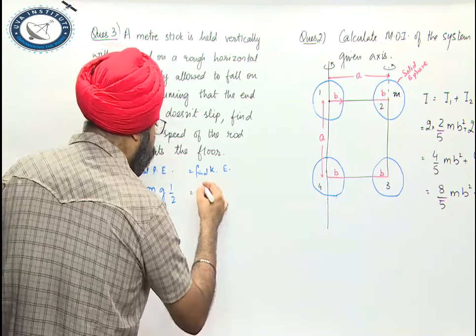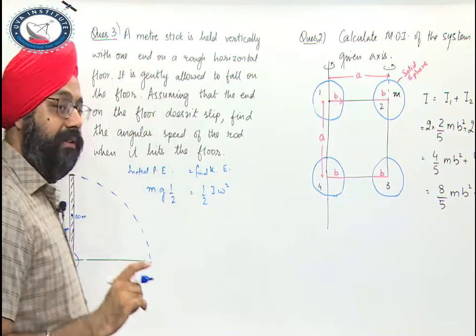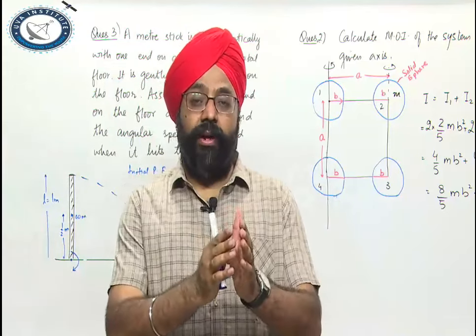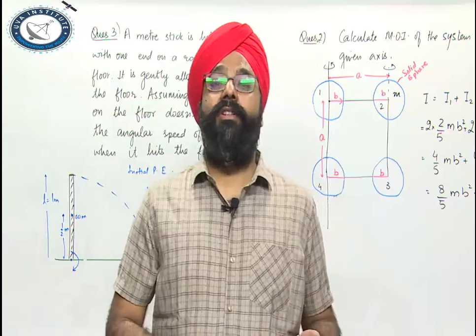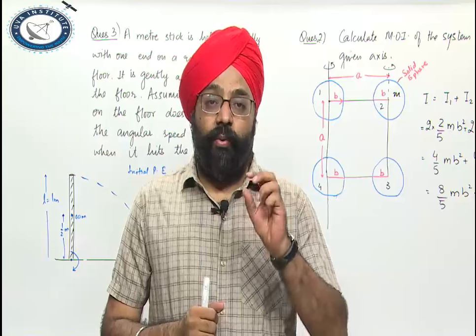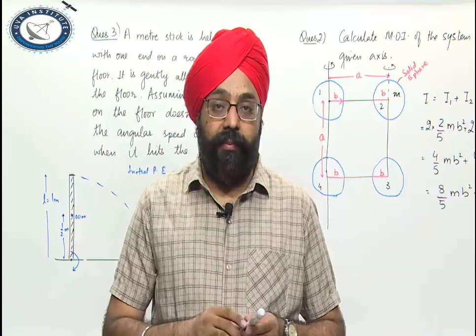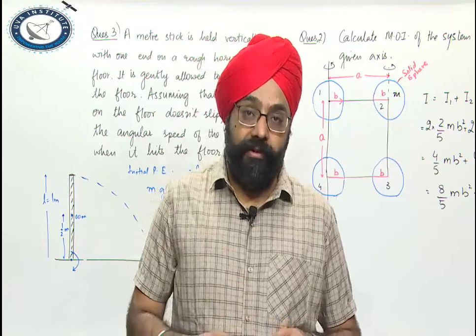Kinetic energy is half I omega square. It is not equal to half m v square. Let me clarify this point. Sometimes we have a habit of writing kinetic energy as half I omega square plus half m v square. While taking half m v square, v is the velocity of the axis of rotation, not of the center of mass.